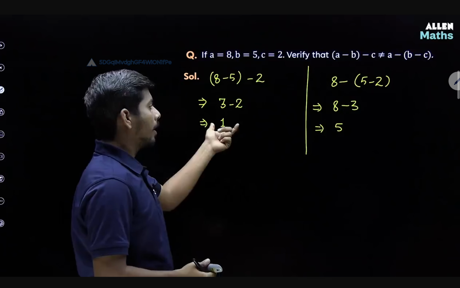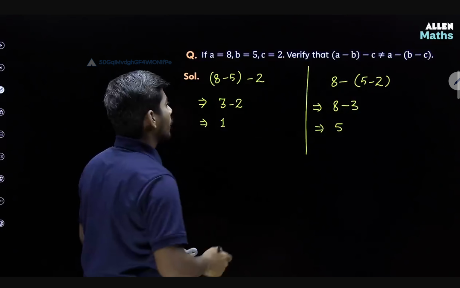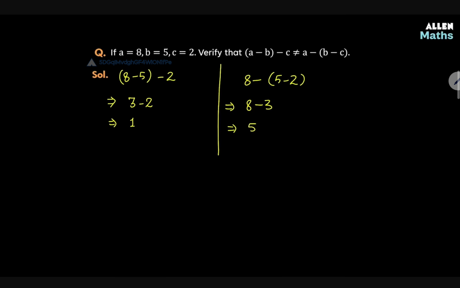So here we are getting 1 and here we are getting 5, which is not equal. So definitely we can say that a minus b minus c is not equal to a minus b minus c.